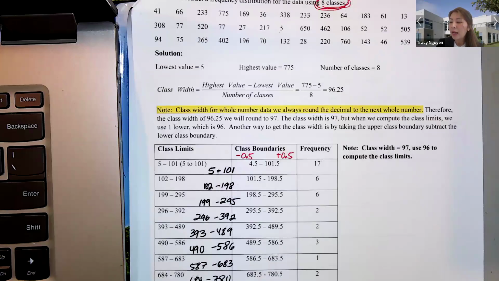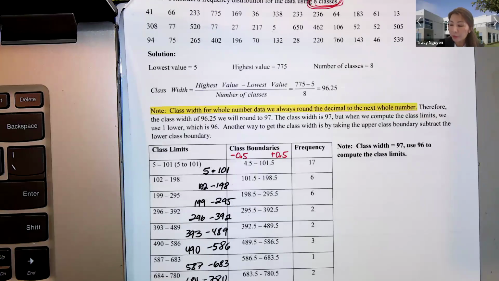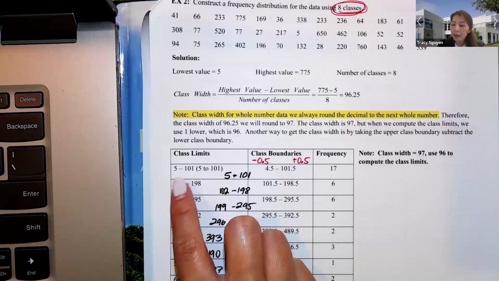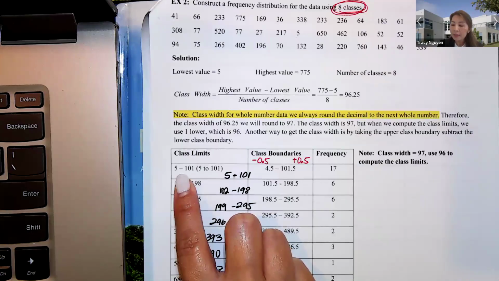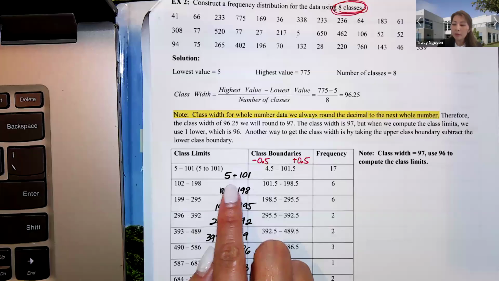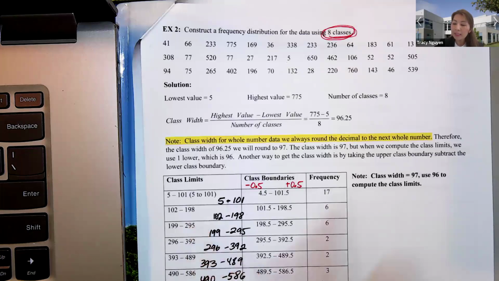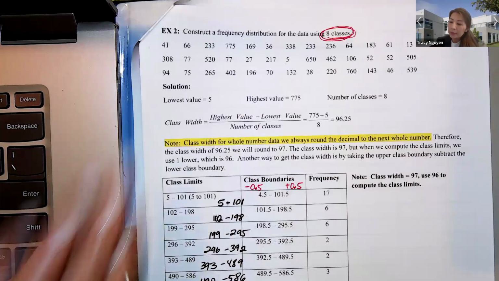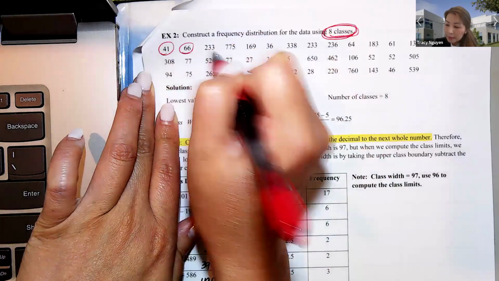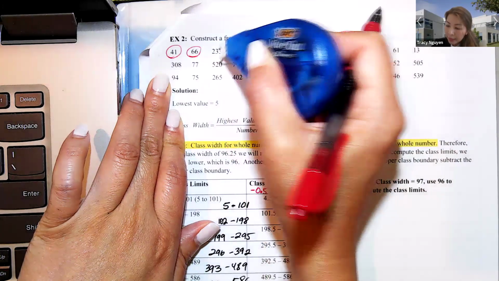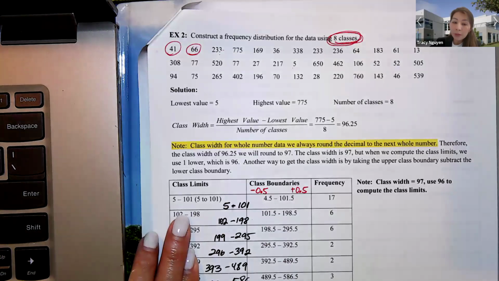All right. Now, how do we collect the tally or the frequency? What we look at here are the first class limits. When we write 5, this sign, and 101, this means 5 to 101. This does not mean 5 subtract 101. So now we're going to look inside our data to see how many data values are from 5 to 101. Anything in the range from 5 to 101, you collect it.